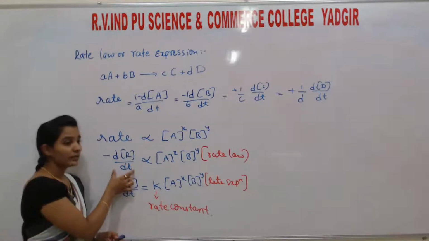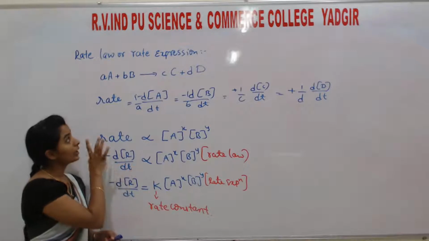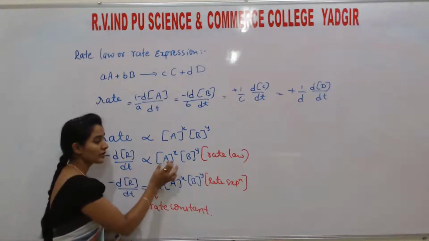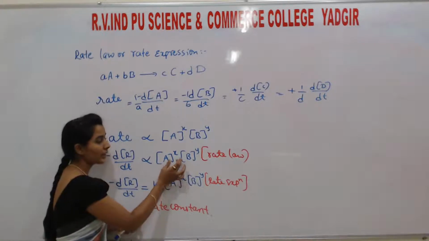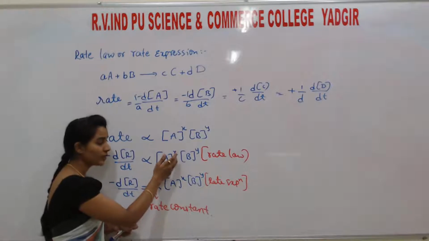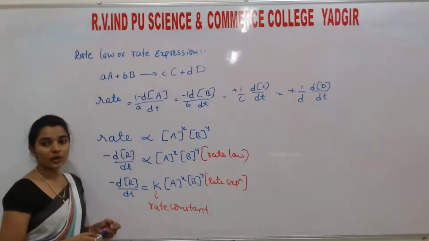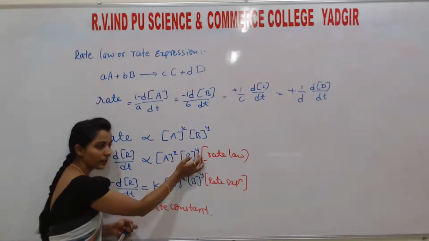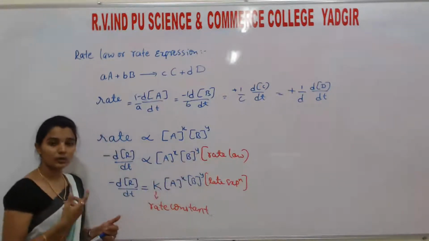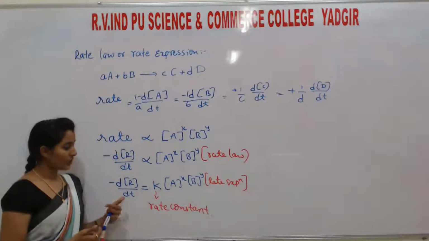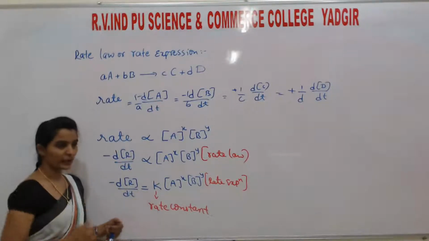The rate law or rate expression is represented by the concentration of the reactants raised to some terms, and those terms may or may not be equal to the coefficients a or b. So this is rate law, this one is rate expression and this one is rate constant.